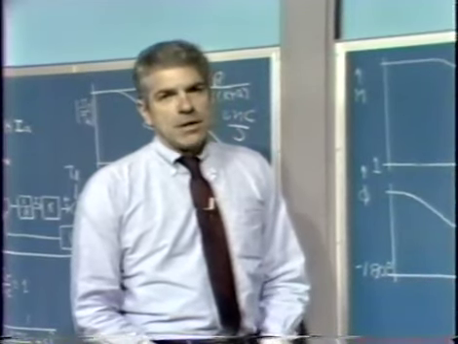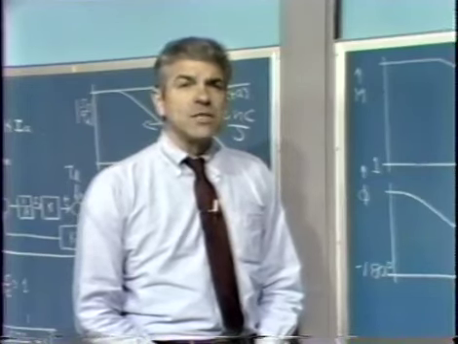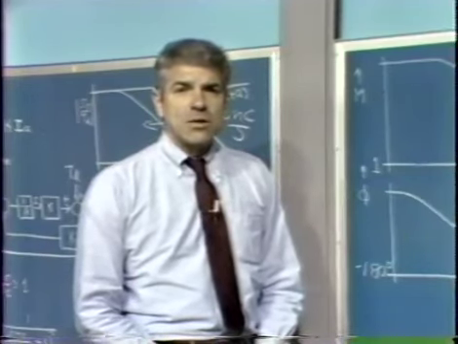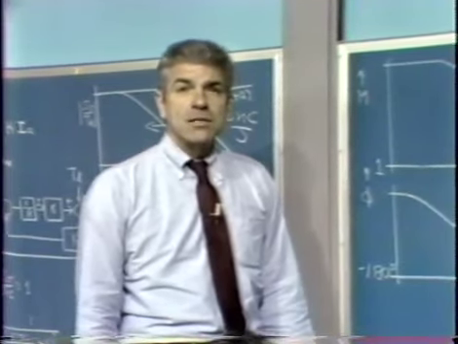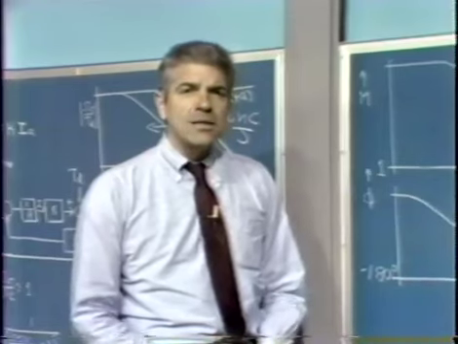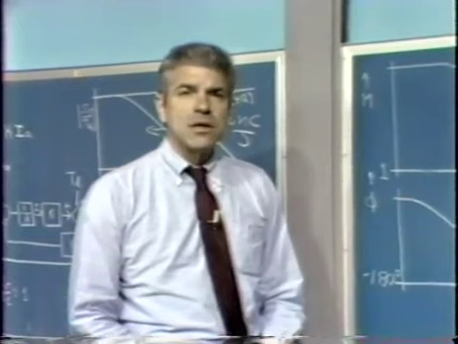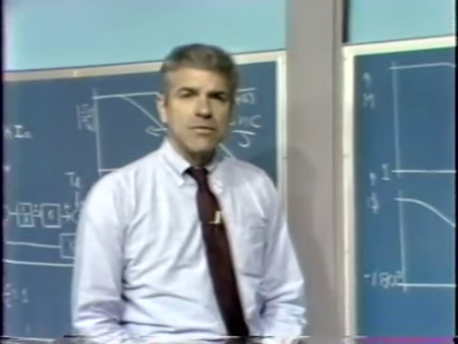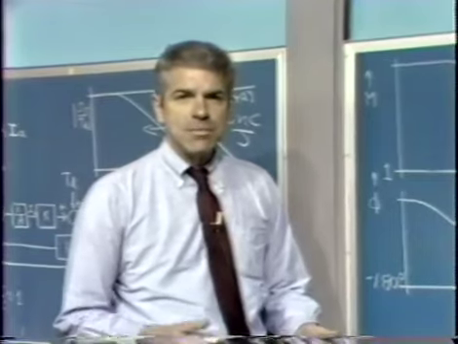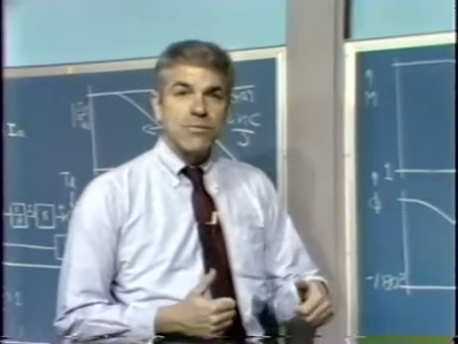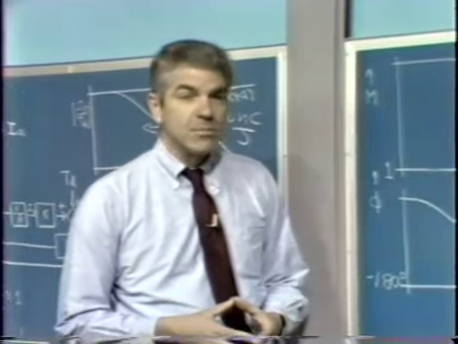Consider, for example, a transfer function that does the first operation, one that gives us positive phase shift without corresponding magnitude changes. Such a transfer function is e to the plus s tau. But unfortunately, e to the plus s tau is the transfer function of an element that predicts. In other words, the impulse response of an element whose transfer function is e to the plus s tau is an impulse that occurs exactly tau seconds before we put in the original impulse, and consequently, obviously, a physically unrealizable network.